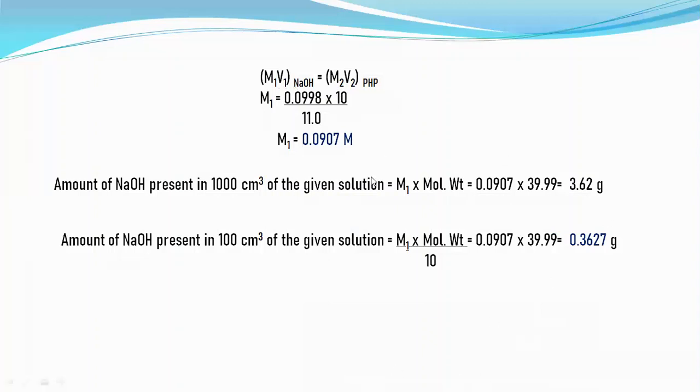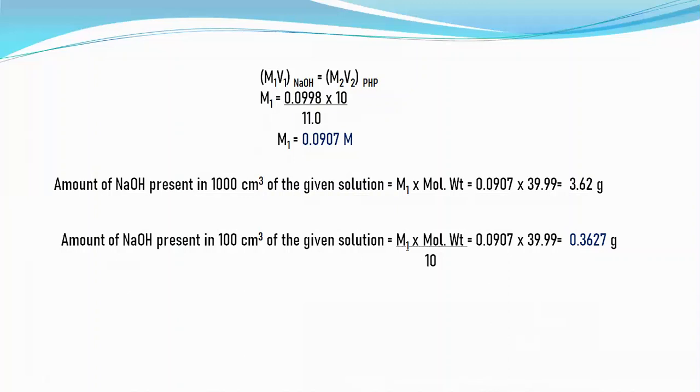So 0.0998 into the volume of PHP pipetted out, that is 10 ml, divided by V1 of NaOH, which is the burette reading, that we have got as 11.0. When we do the calculations, we get the molarity of NaOH, that is M1, as 0.0907 molar. So now we have got the molarity or the concentration of NaOH solution.